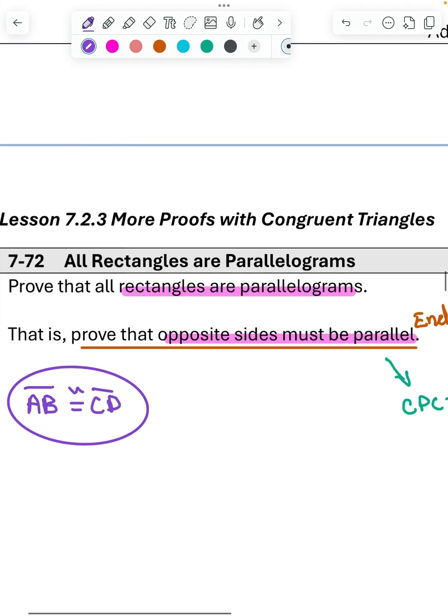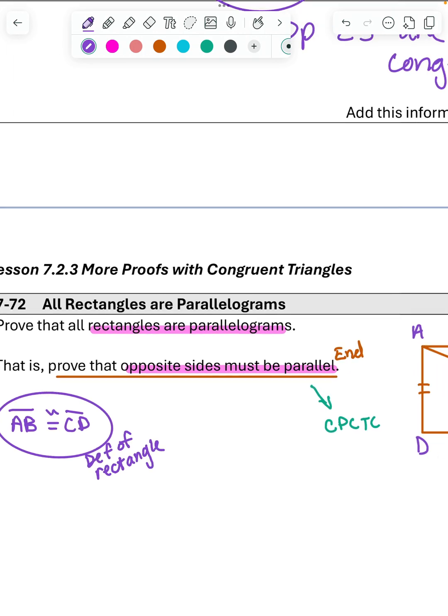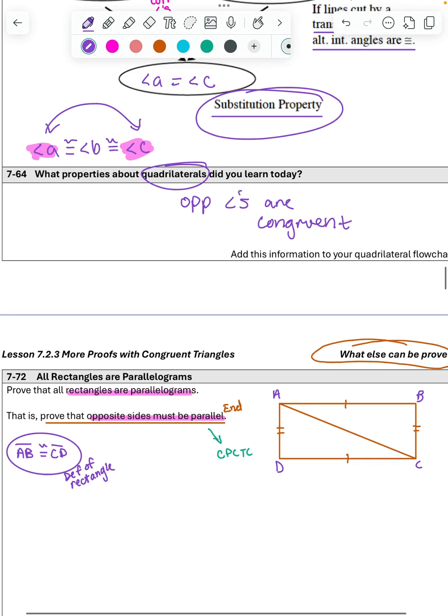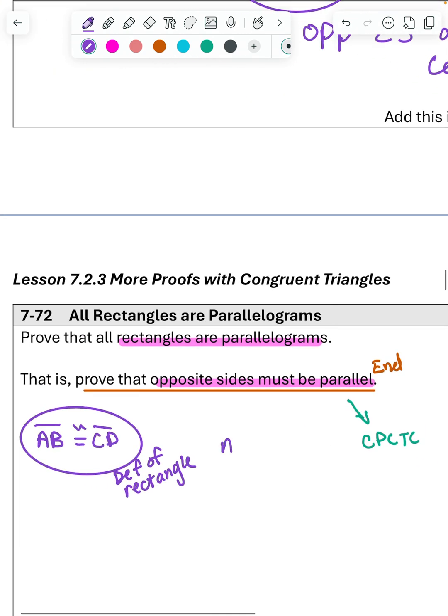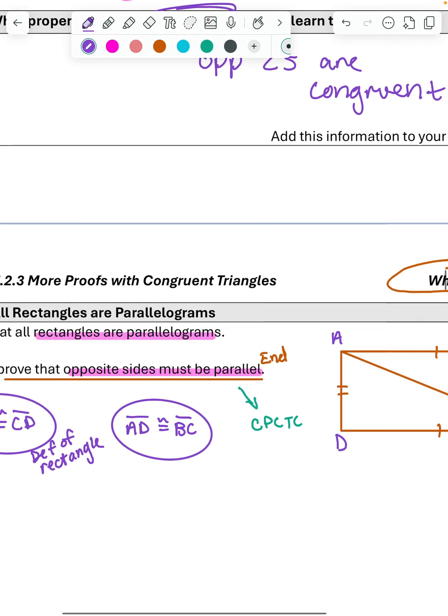And my reasoning for this is just the definition of a rectangle. I know that about rectangles, so I can use that. I'm going to say the same about the other opposite side pair. So AD is congruent to BC. And again, I'm using lines over those to show that they are line segments. And that again is the definition of a rectangle.